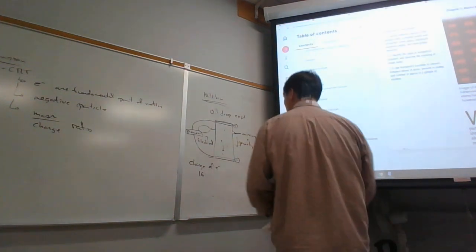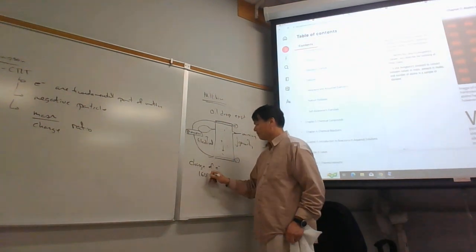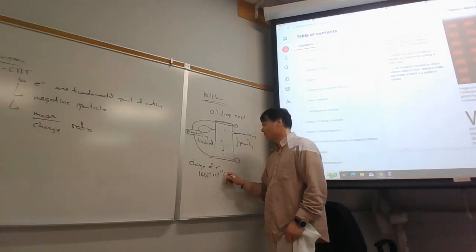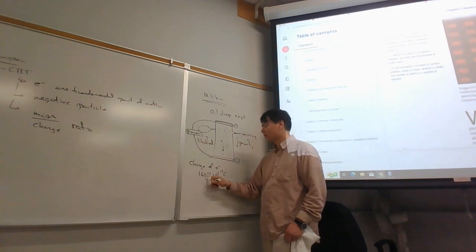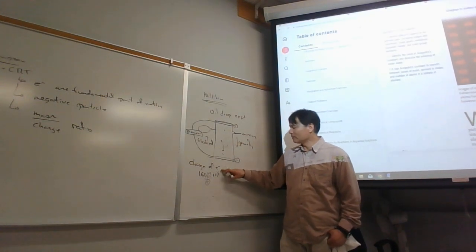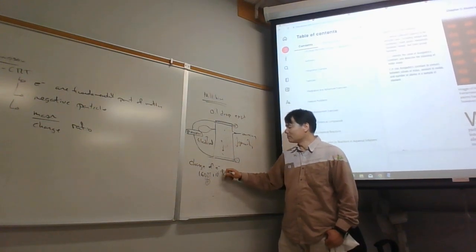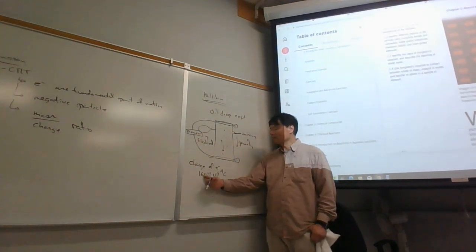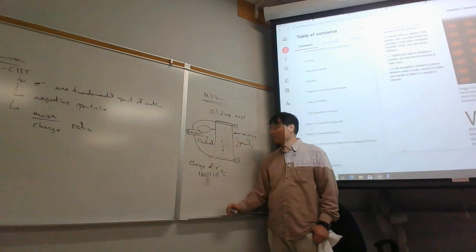I think it was 1.6022, times 10 to the minus 19 coulombs. Let me put a little question mark. I'll look it up. I don't have it memorized, because unless you're doing a physics problem, we usually don't represent the charge of an electron here.